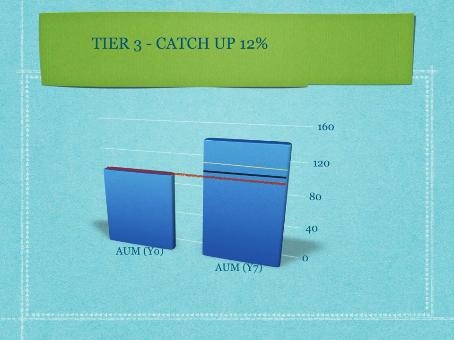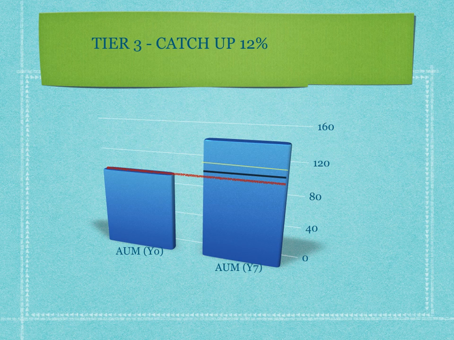Third tier, catch up, 12% also is there in this particular limited partnership agreement. Every limited partnership agreement has a catch up which is due to the GP. Why does the GP have a catch up? Because the GP has to also earn something more than just the management fee. And how do they calculate this catch up?